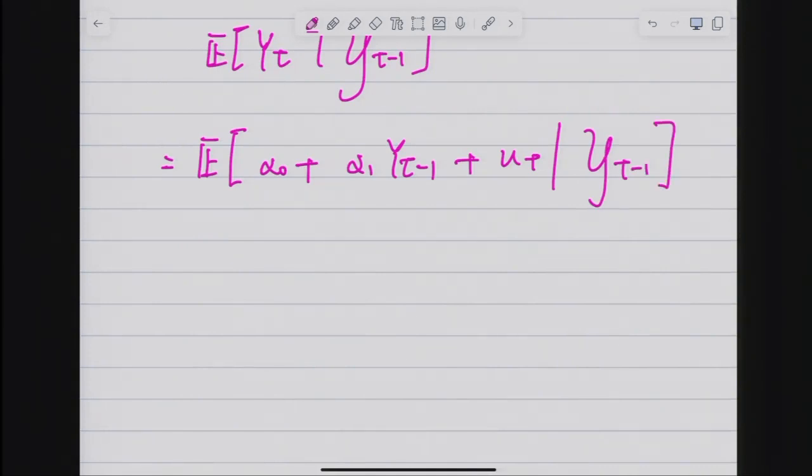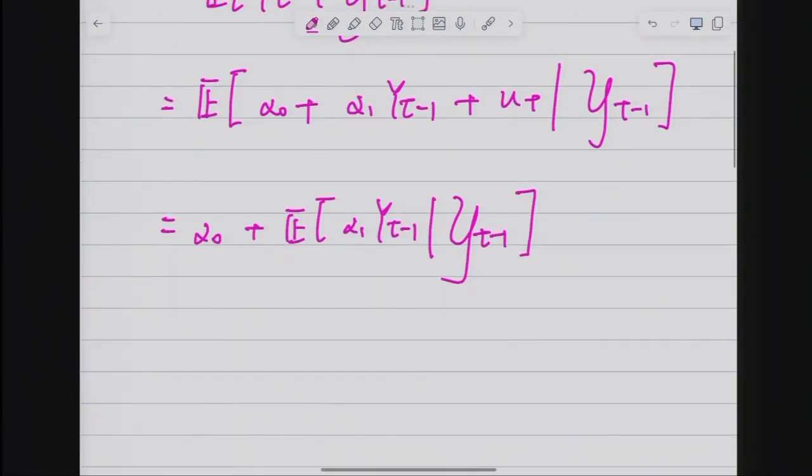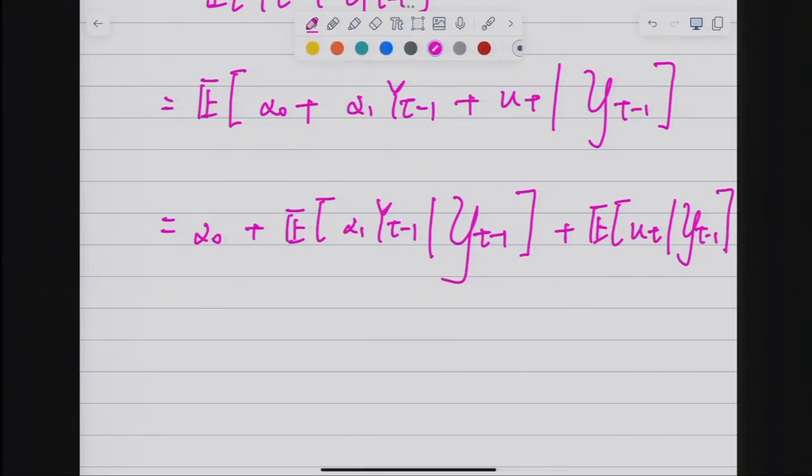If we plug in the AR1 equation, and then next, if we make use of the linearity of expectation, that basically gives you, first of all, the conditional expectation of the intercept given the past information. Intercept is a constant, so it's equal to itself. And then we have the second term, alpha 1 Y_{t-1}, conditioning on all past history, plus the conditional expectation of u_t given all past history of y. Okay?